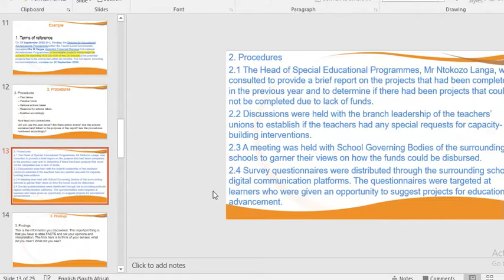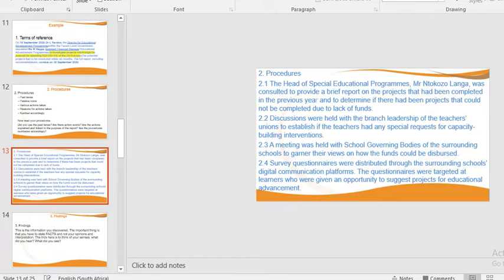Number 2, procedures. Do not forget that numbering, you guys, is very, very important. 2.1.